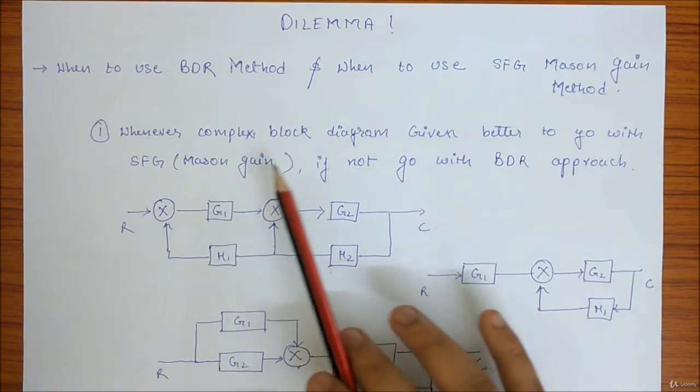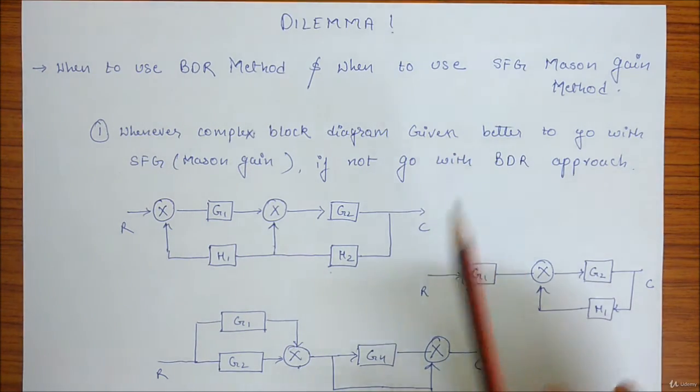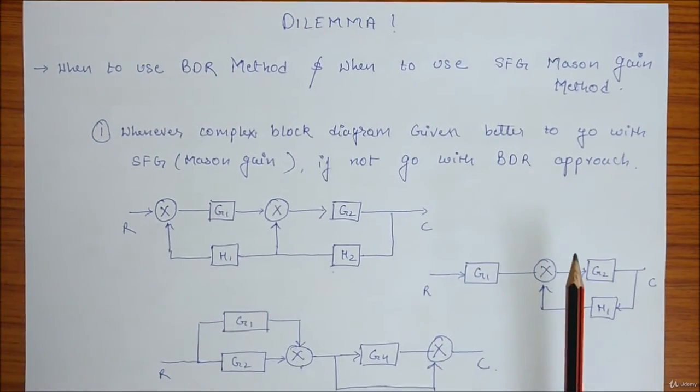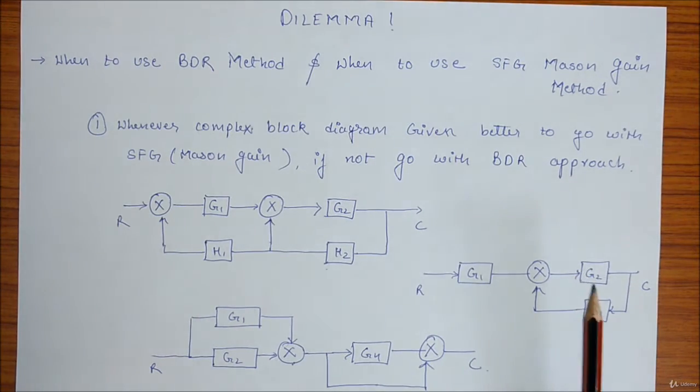Whenever you have a complex block diagram structure given in the question, it's better to go with the signal flow graph Mason's approach, because when you go with a bigger complex block diagram and try to reduce it with block diagram reduction techniques, it will take a lot of time, and we want to save time.